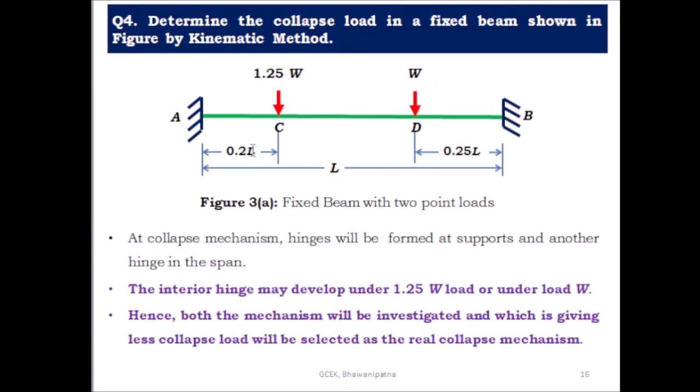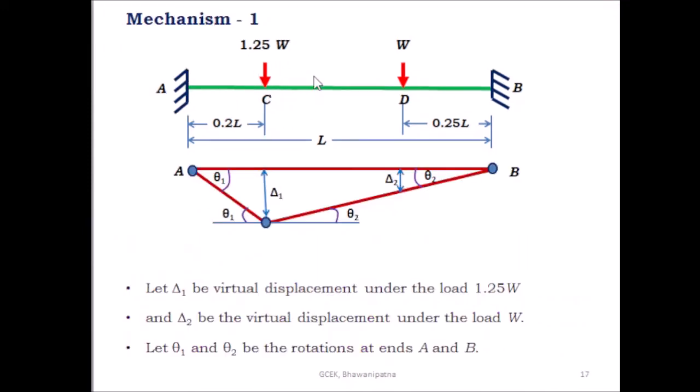So first we will take mechanism 1. In mechanism 1, we consider two plastic hinges at support A and support B, and the third plastic hinge at the point C under the load 1.25 W. The rotation at A is theta 1 and the rotation at B is theta 2.